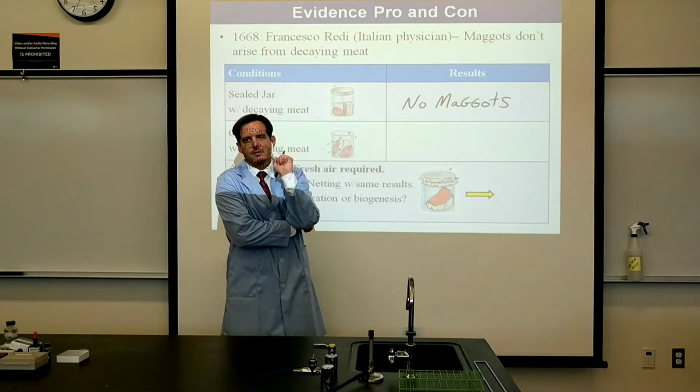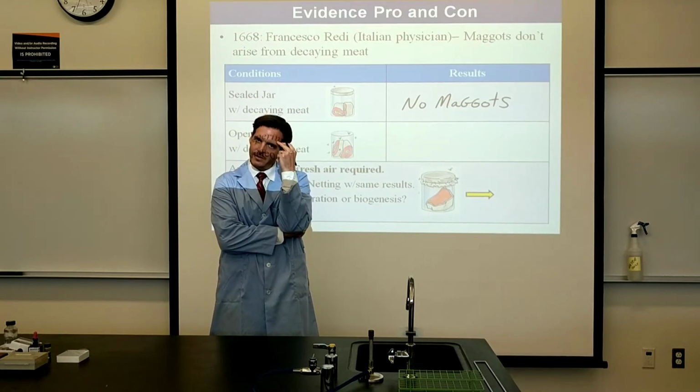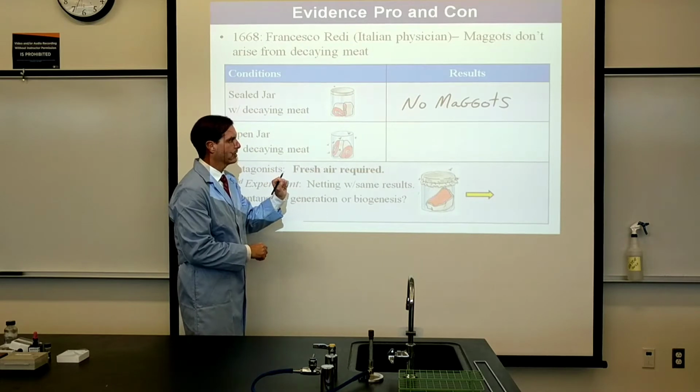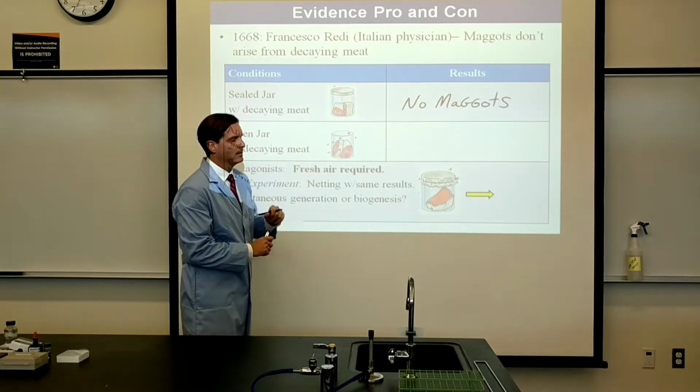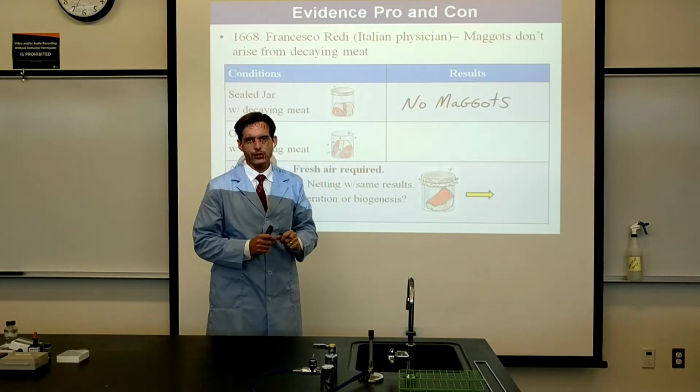Now, he did this experiment, and he was a good scientific thinker, right? He had a control. And the control was that flies could get into the open jar that he had right alongside the sealed jar.